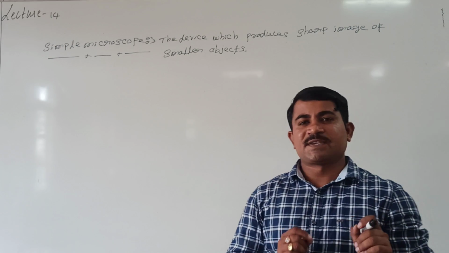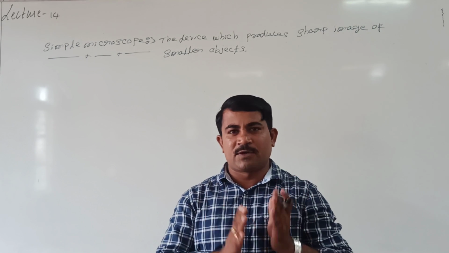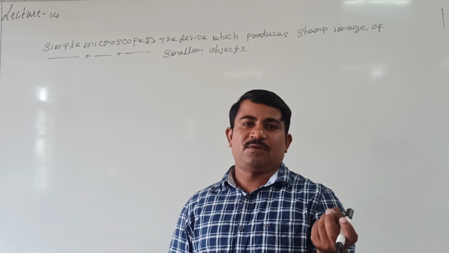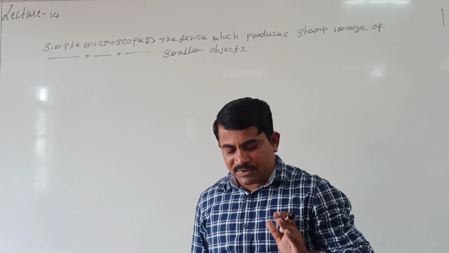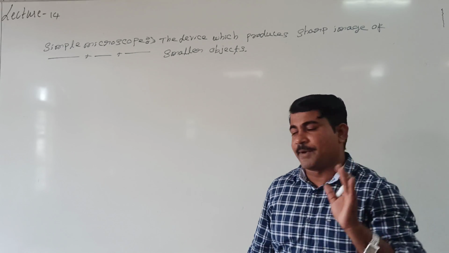See here, a simple microscope consists of only one convex lens, so that the sharp image can appear by taking two cases. See here, how the ray diagram of a simple microscope appears.